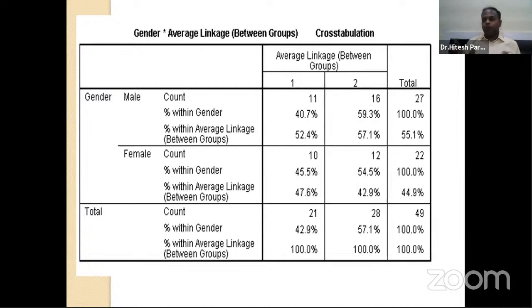So after forming the two clusters, you need to describe the clusters. What is the composition of your cluster number 1, and what is the composition of your cluster number 2? What is the overall sample size and what is the composition? This information will be very crucial with respect to further decision making.